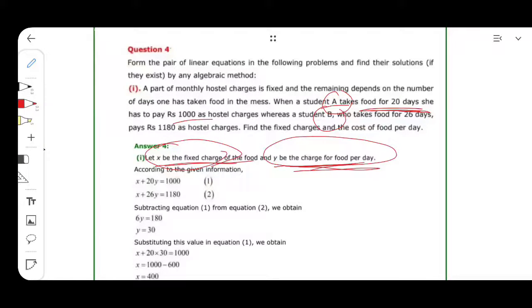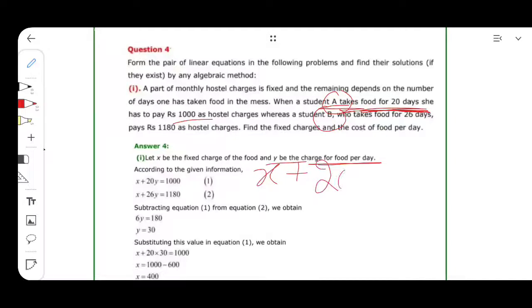So for student A, she paid for 20 days, so the fixed charge will remain the same, that is x, but the charge of food would change according to her days. So she is paying for 20 days, so x plus 20y equals 1000.